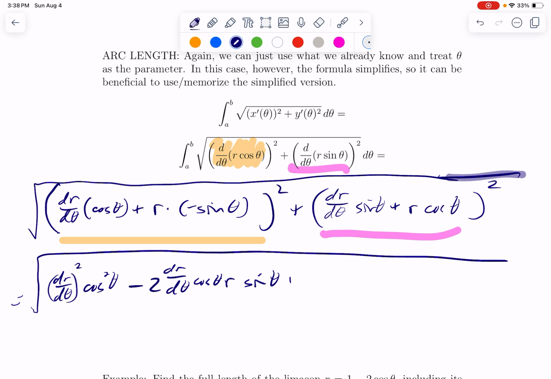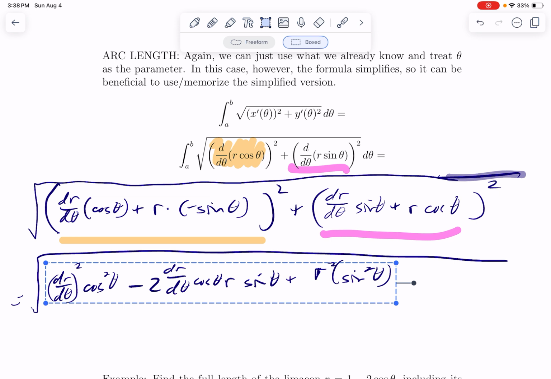And then when I square out the second part, I would get r squared times sine squared theta. Let me see if I can just shrink down just this part.